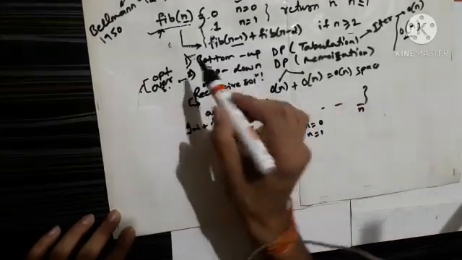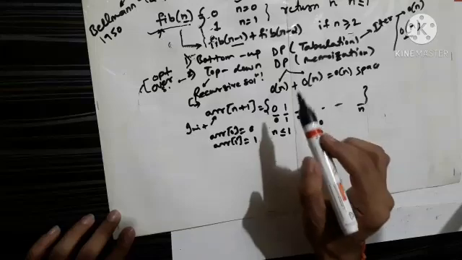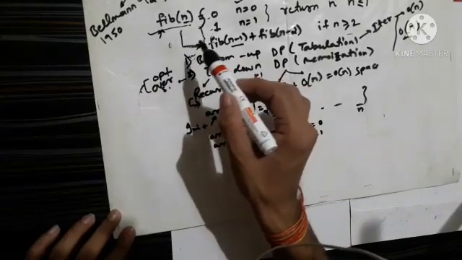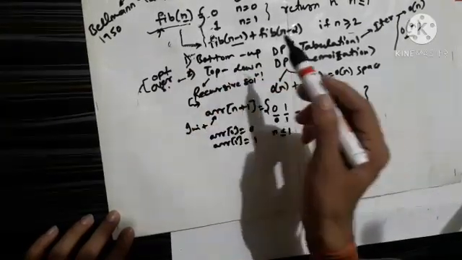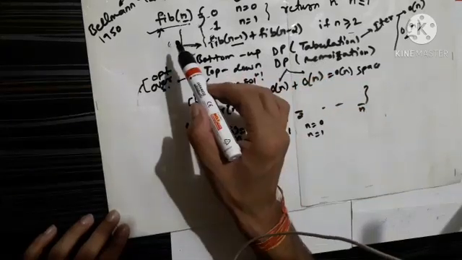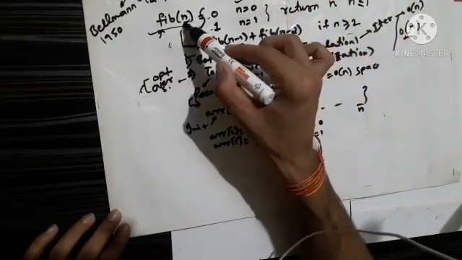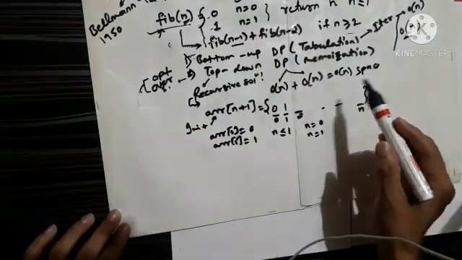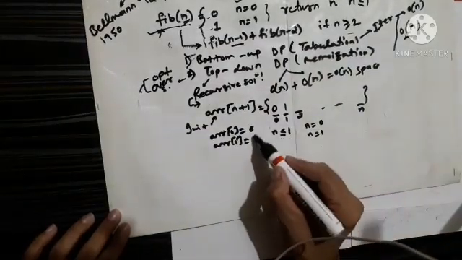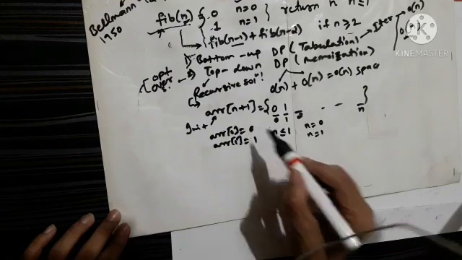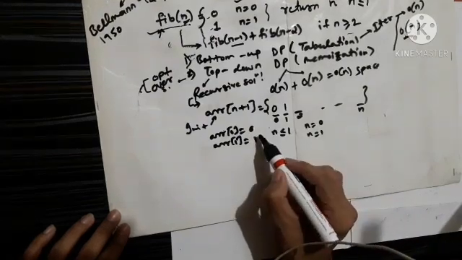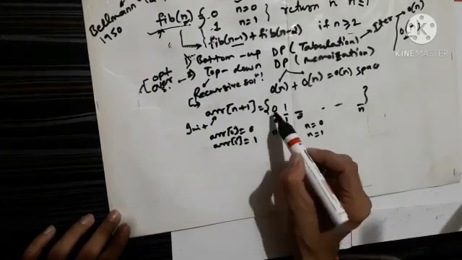For negative integers, definitely this will not apply. We are not interested in negative numbers, because Fibonacci numbers start with 0 and go up to the required value that we want. So if n is 0, we return n, and if n is 1, we return 1. That's why we are maintaining this.